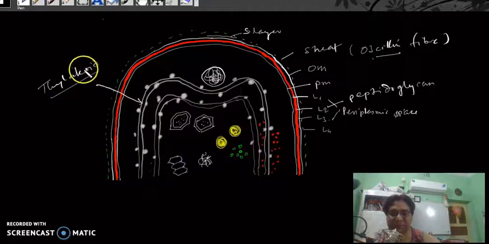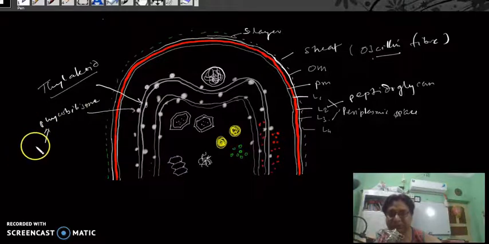There is no membrane-bound structure like that, and the thylakoids contain several globular structures on their surface. These are basically phycobilisomes. These phycobilisomes contain protein pigment structures.